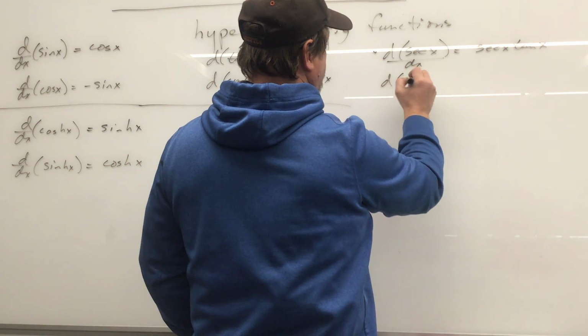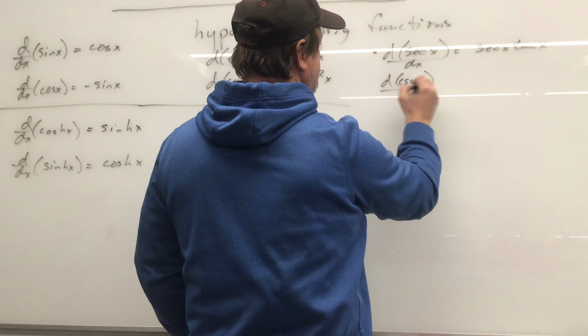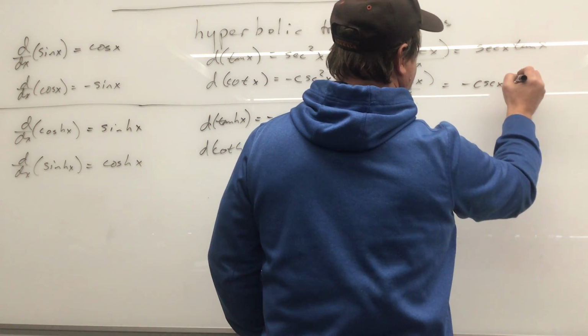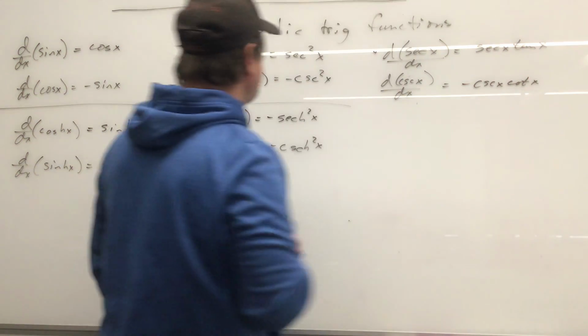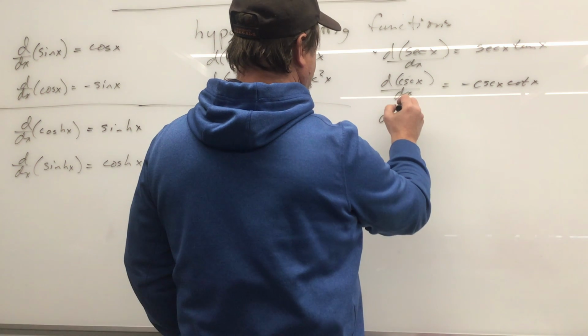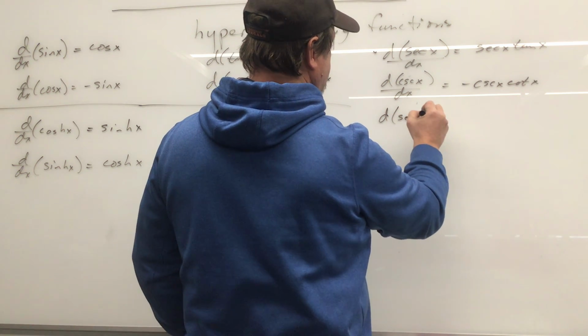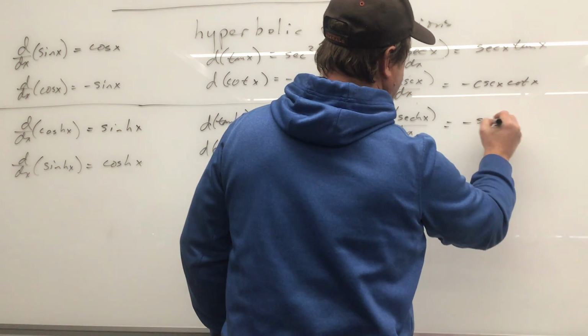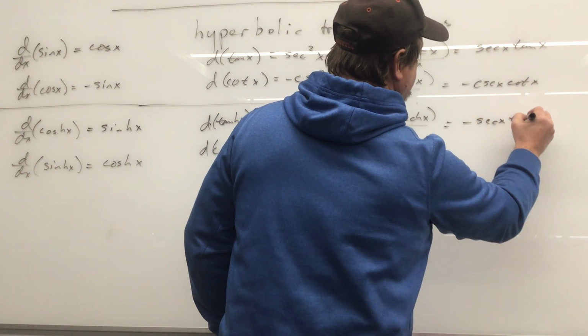The derivative of cosecant is negative cosecant x, cotangent x. And when we talk about hyperbolic trig, the derivative of sech x is negative sech x, tanh x.